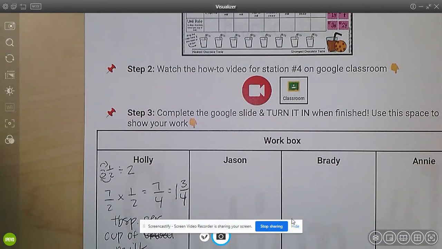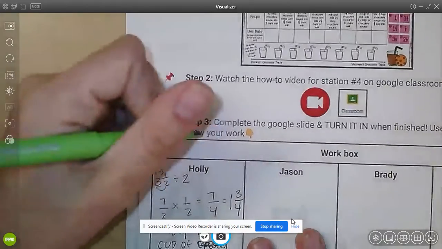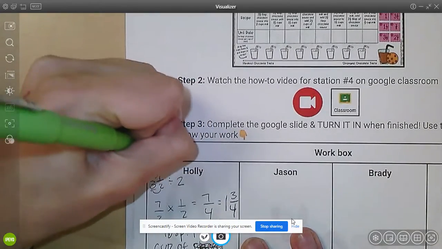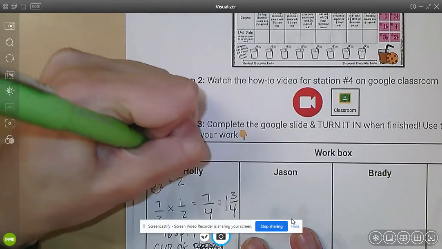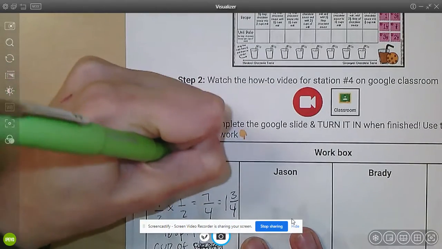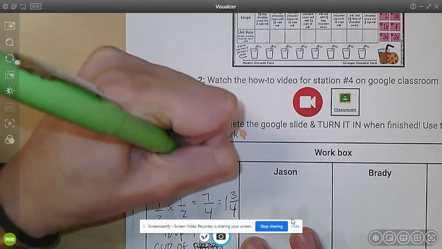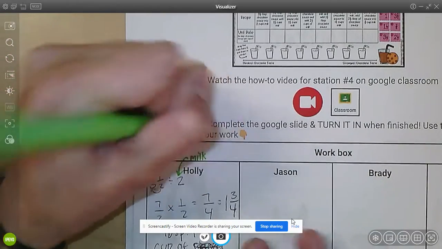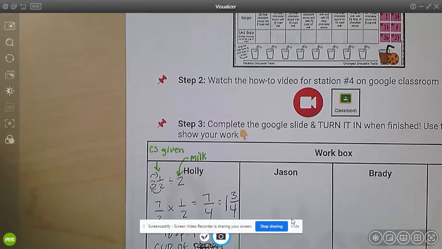So I'm going to add a little note here. So 3.5 is chocolate sauce. I'm just going to put CS for chocolate sauce given. And then this 2 is the amount of milk that's given in the problem. So you want to divide the amount of chocolate sauce by the amount of milk that you are given.